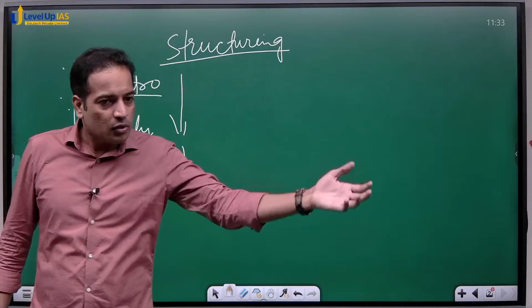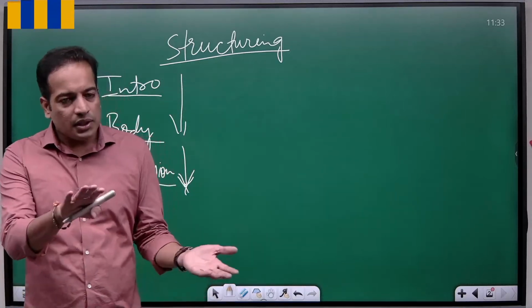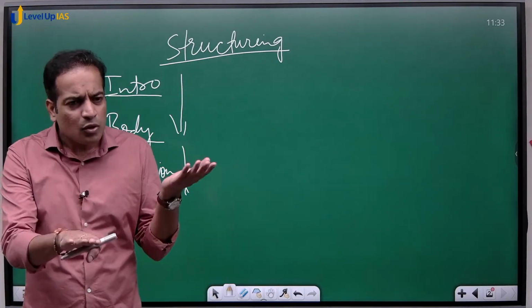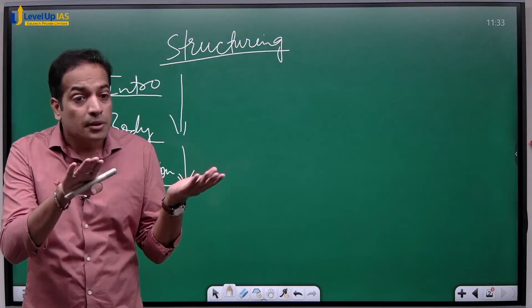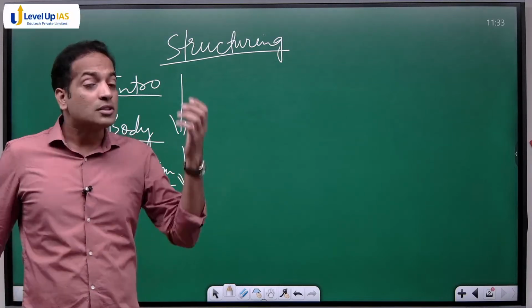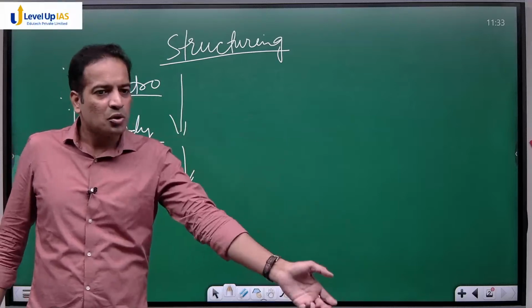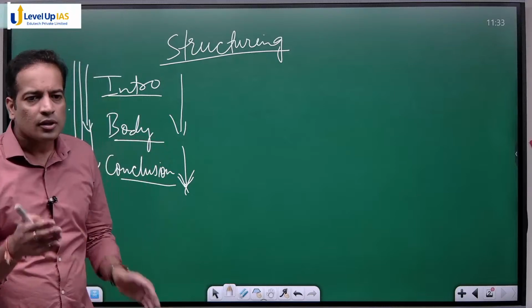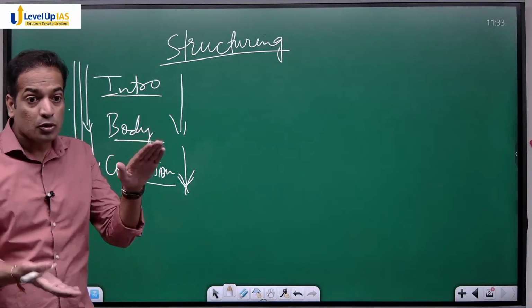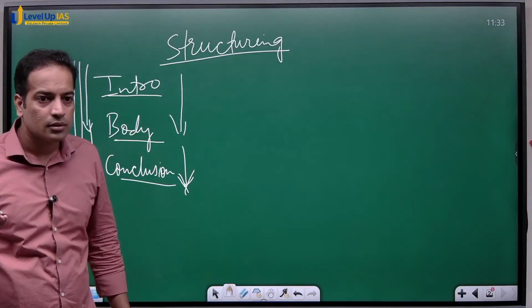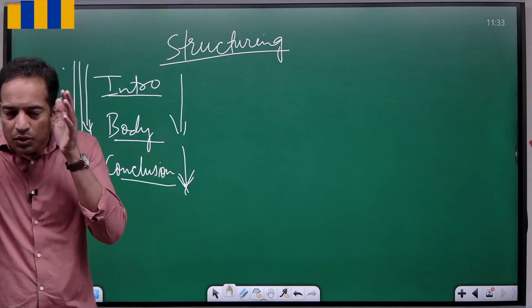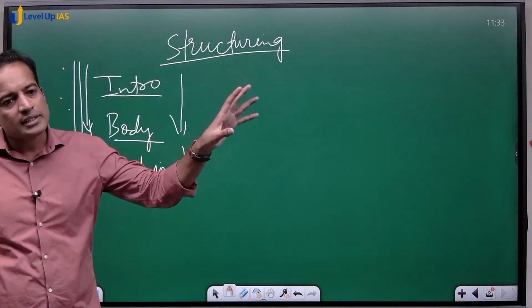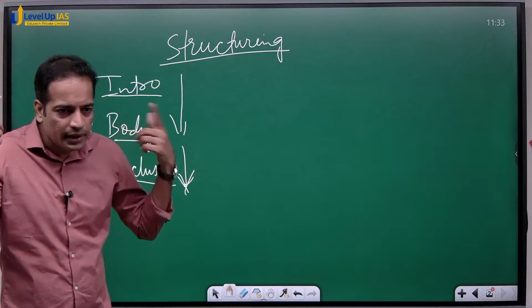If it was very good, comparatively, even if your answer is of a bit lower quality, your marks will dip significantly. Or suppose the copy previous to you was completely irritating, and your copy comes comparatively better, naturally your marks will shoot up. So again, not just what you are writing, even during examination, this thing plays a role.